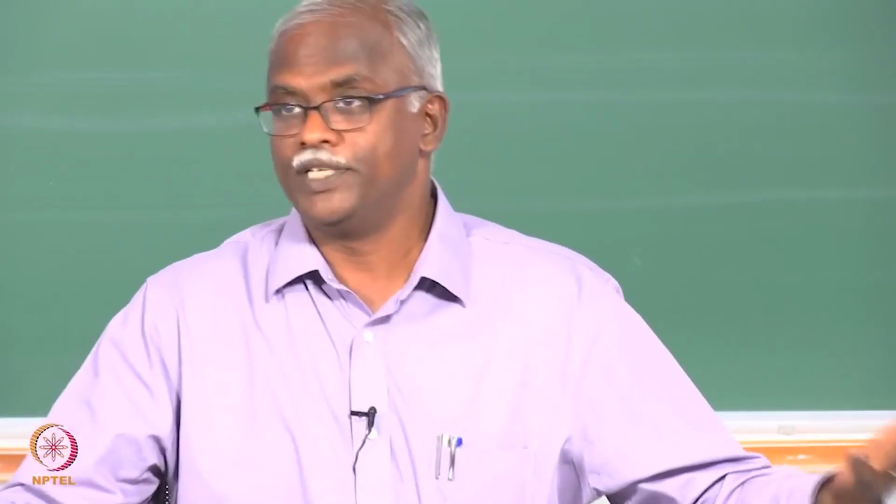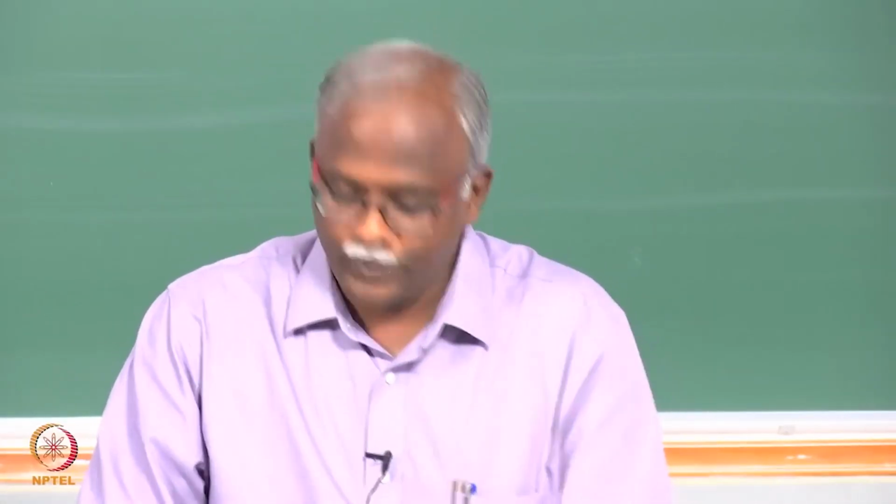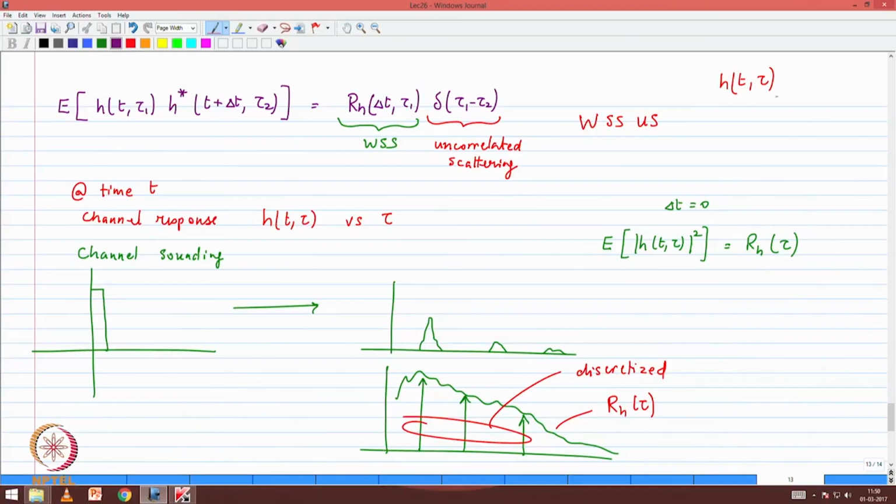Now when is it considered very time dispersive? When is it considered not so time dispersive? How much dispersion is there? Do I need equalization or not? Those are the questions that we will now answer, because our study is now going to be in the tau dimension. So h of t comma tau, this is the part that is going to tell me whether equalization is needed or not.